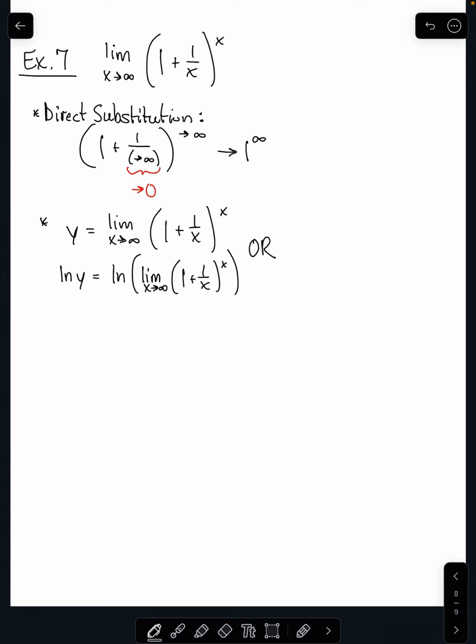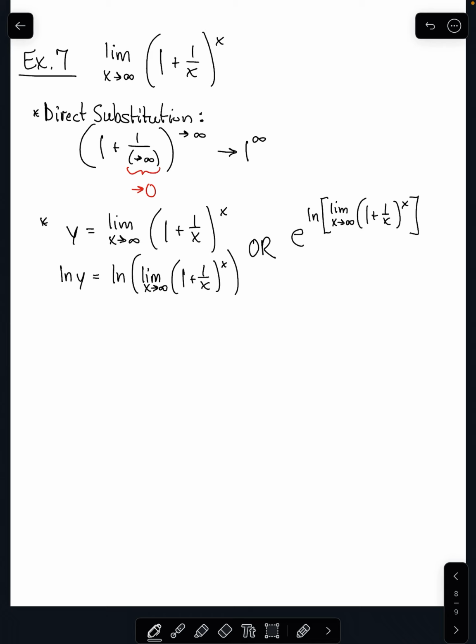We can rewrite the limit by introducing a new expression, a new operation, as long as we immediately thereafter introduce the inverse operation. So I'm going to introduce a natural logarithm of our limit, but in order to balance it out, I need to do an e raised to the natural logarithm of the limit.